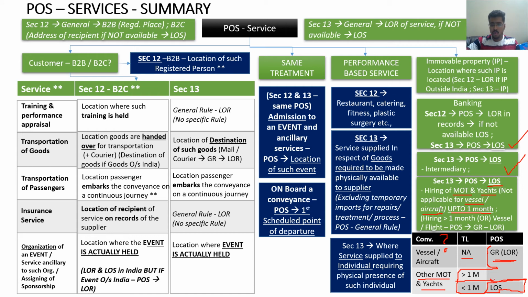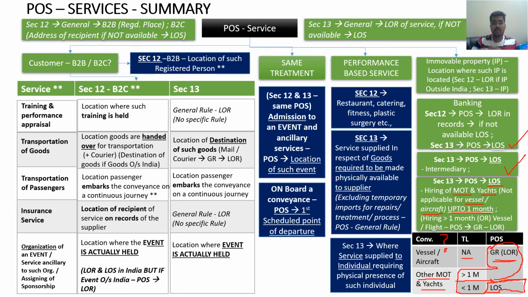However, if it's more than 1 month, then again the general rule will apply, even though it is other than vessels, aircrafts. Even if a yacht is hired, let's say they are hiring the yacht for 2 months. The corporate company is coming here and they say, we want your yacht for 2 months. Now what will happen? Can you say the POS is LOS, that is Kerala will be the location of supplier?